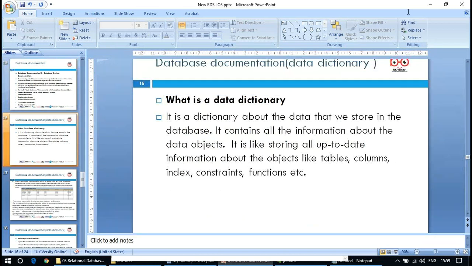Furthermore, a data dictionary is a dictionary about the data we store in the database. It contains all the information about data objects. What is stored? It's like storing all up-to-date information about the objects like tables, columns, indexes, constraints, and functions. For example, the Emirates Airline database has all this information.